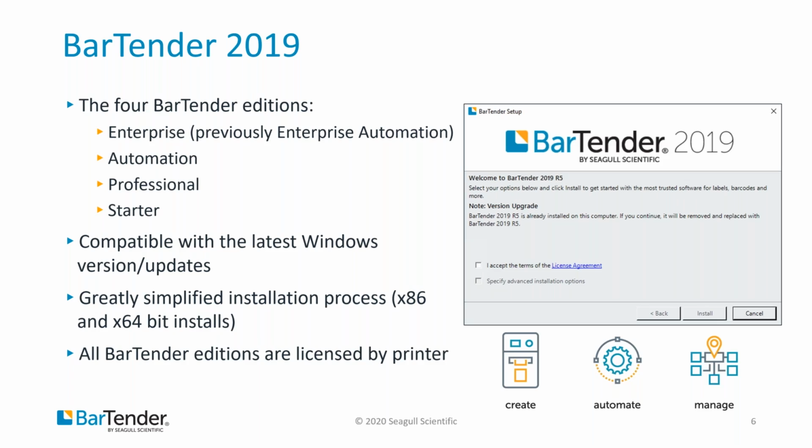BarTender 2019 is compatible with the latest Windows versions, and it has a greatly simplified installation process that involves a single BarTender software program and a product license key code that you can use to activate the BarTender software at the right edition level. And finally, the different BarTender 2019 editions are licensed by number of printers used now.